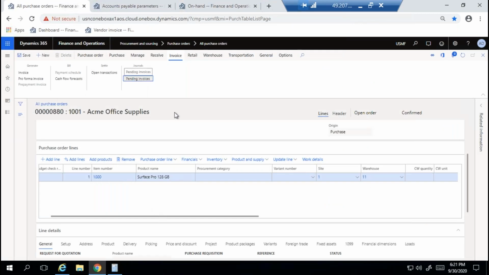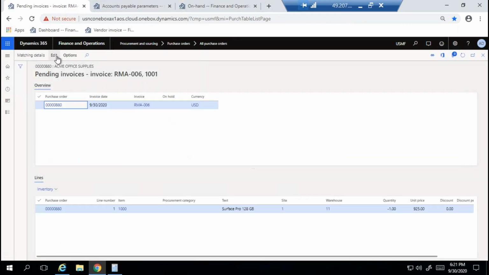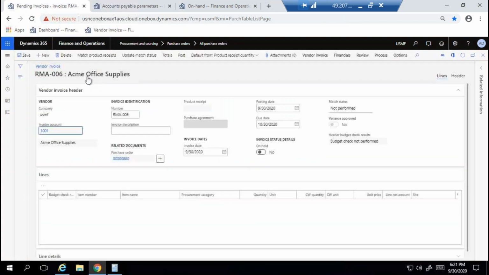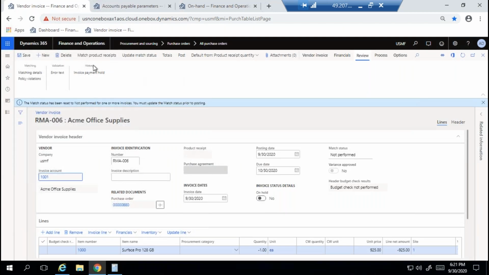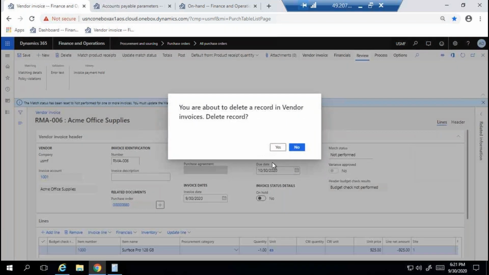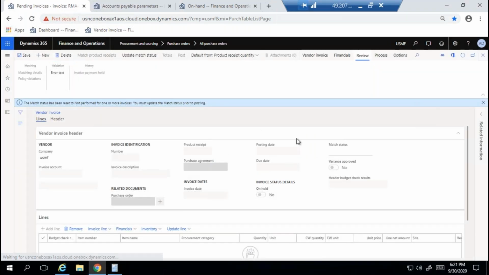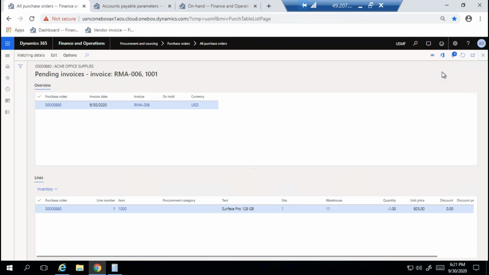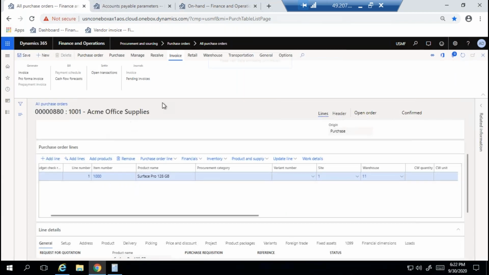Okay, now I'm doing invoice. This invoice I need to delete and I need to recreate. This is a pending vendor invoice which is created. So I have deleted.